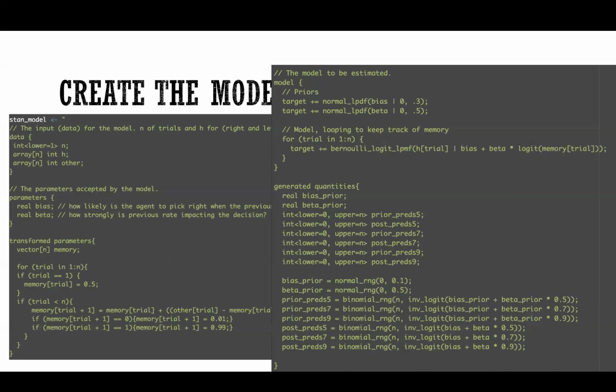And then we have the linear model, bias prior plus beta prior, but we fix the memory. We say what happens at 0.5. And we do the same for 0.7 and 0.9. Since in this case the memory is symmetric, we don't really need to do also 0.3 and 0.1 if we have 0.7 and 0.9.